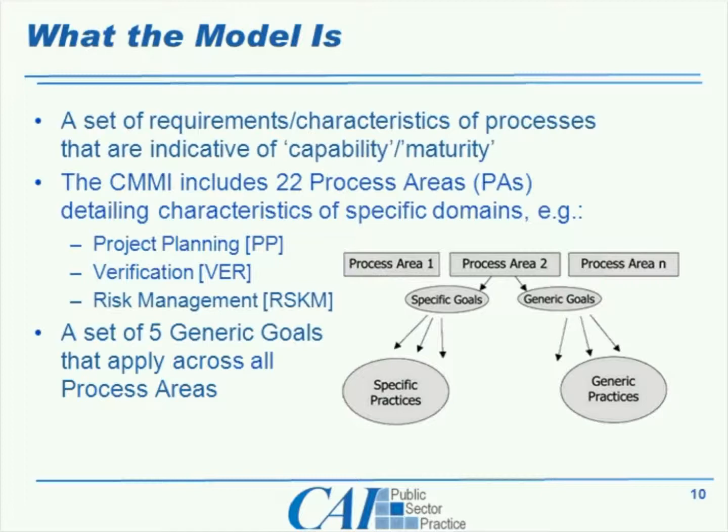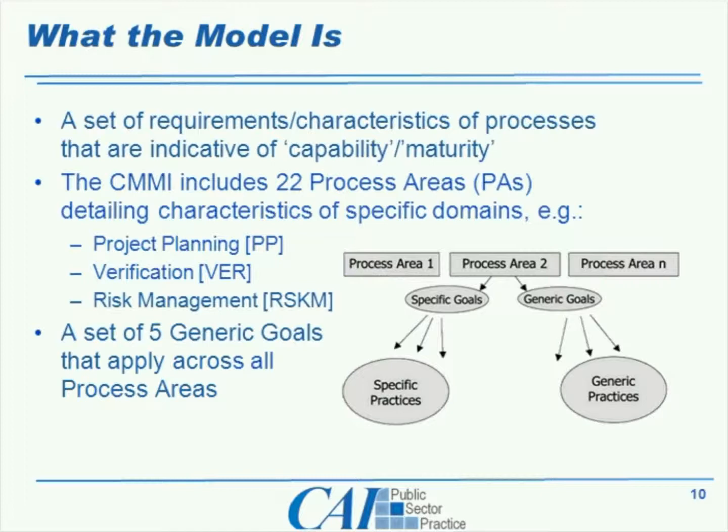And they detail the specific characteristics of domains within the model. So a domain would be something like project planning or verification or risk management, the three that are listed there. There are an additional 19 that are obviously not shown. We'll go through those in a second as well. And those are specific processes that are mentioned.